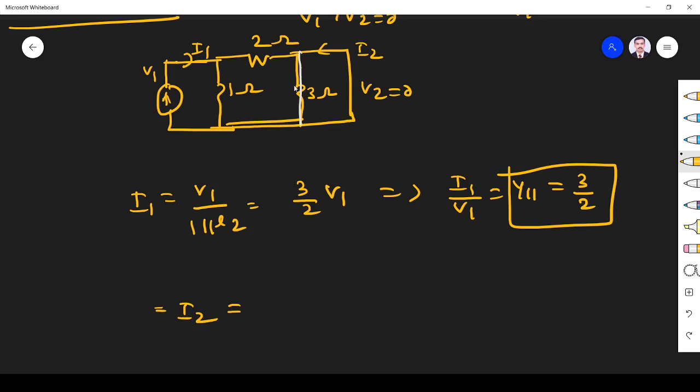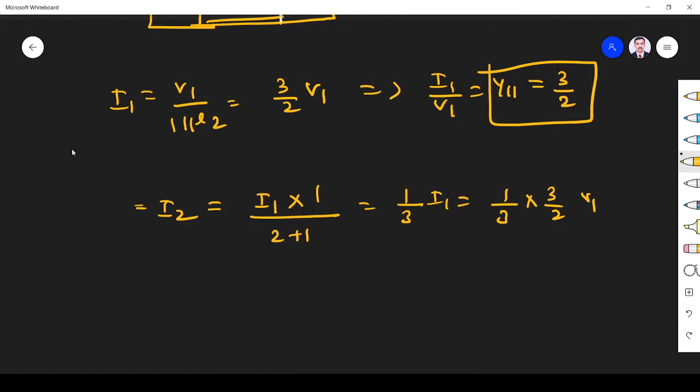I2 through this terminal is given by the total current I1 times the opposite resistor 1 divided by the total resistor 2 plus 1, because this is a short. That becomes 1 by 3 I1. I1 is 3 by 2 V1, so 1 by 3 into 3 by 2 V1. So this 3 will be cancelled.